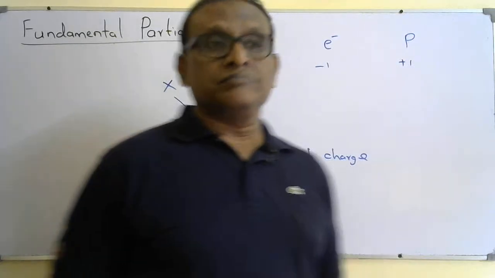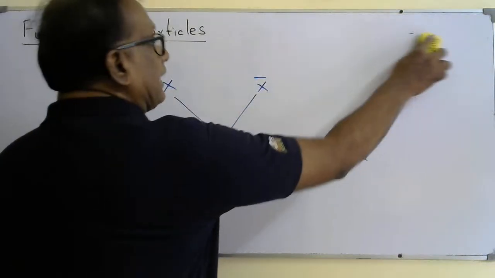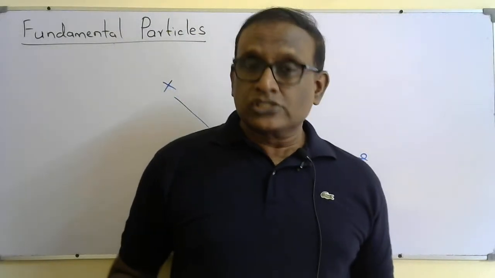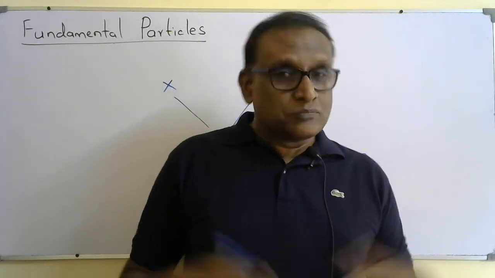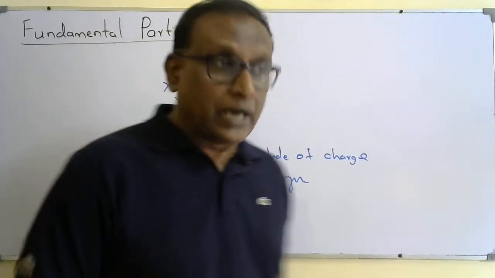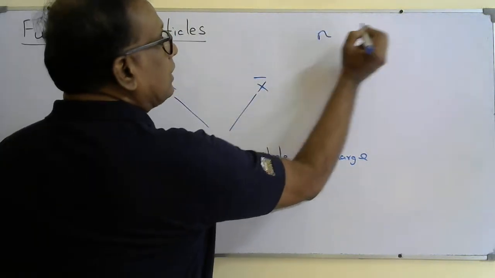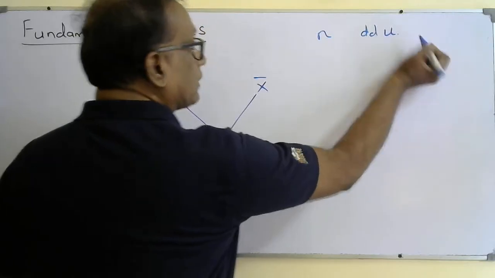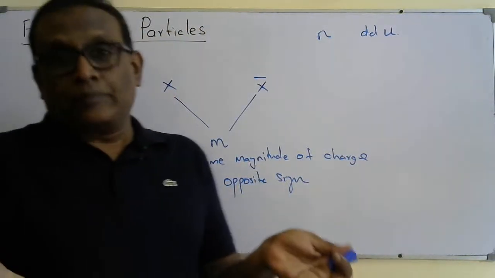Then students ask, does neutron have an antiparticle? Yes, neutron has an antiparticle called antineutron. What about the charge? Both are neutral. But I told you neutron is made of 2 down quarks and an up quark. All the quarks have antiquarks.